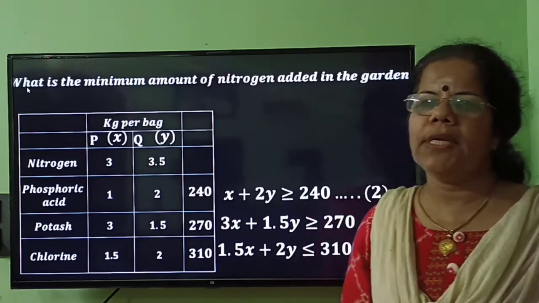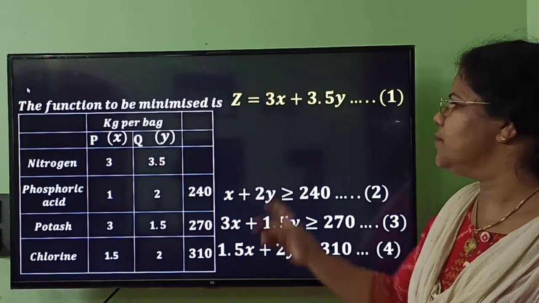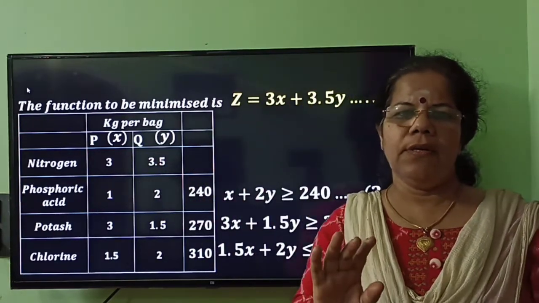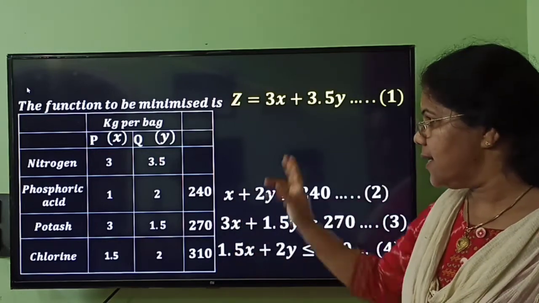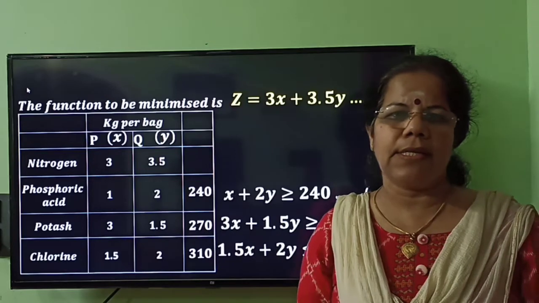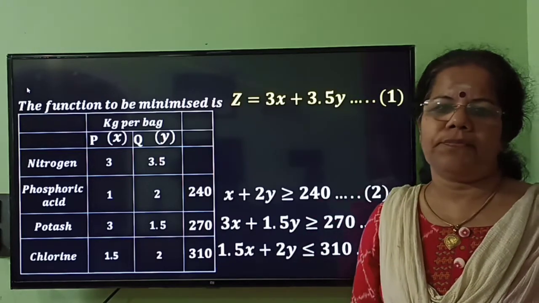This is the function to be minimized. So we got all the constraints plus the function to be minimized, the amount of nitrogen present in the mixture, that way we have to mix P and Q.